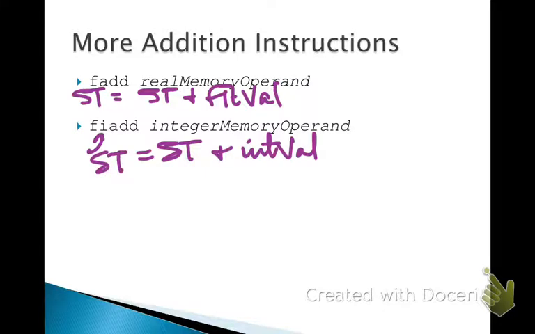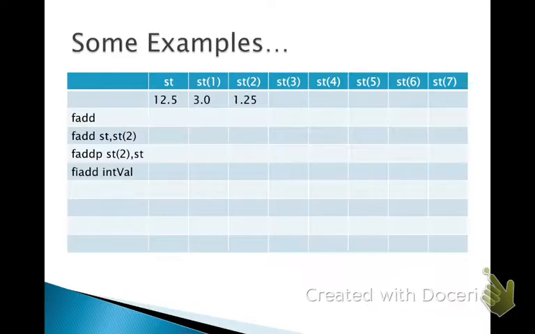Alright, now let's do some more examples. In this case, just pretend I've initialized the stack, so I've done an finit, and then we've loaded some new values on the stack, and maybe these are values that we've loaded from memory.